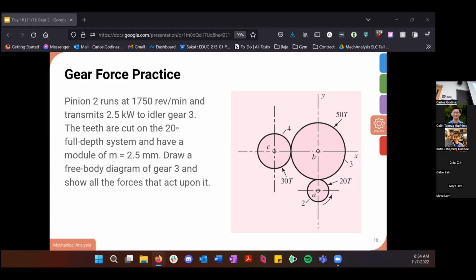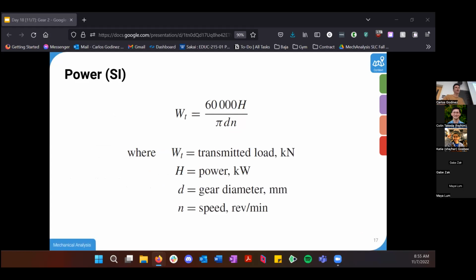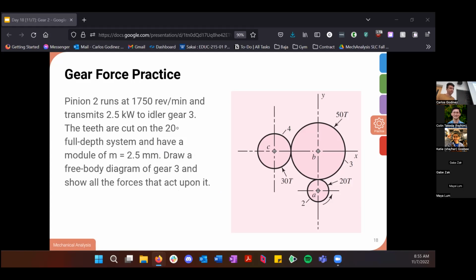Wait, hold on. I think I have the metric one there. The metric one should be there. Yeah, this equation, because you were in SI units. I literally keep the other three.